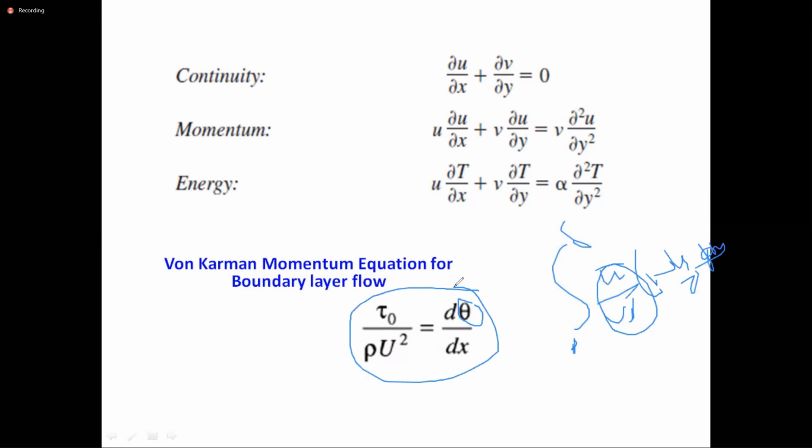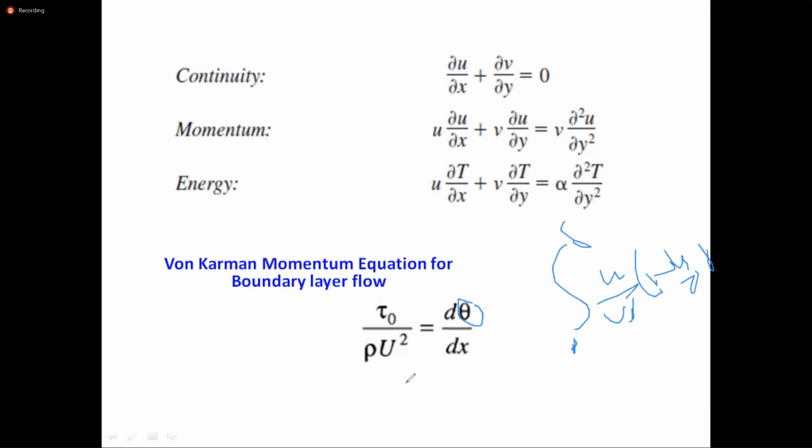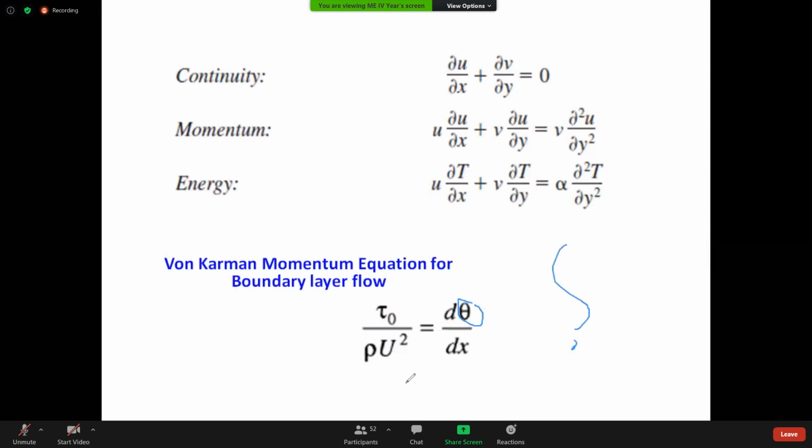Those boundary conditions will also be given in the problem. So substitute the given velocity profile in place of u by u infinity, then solve this, and you will get the drag, shear stress, and skin friction coefficient with the help of this.